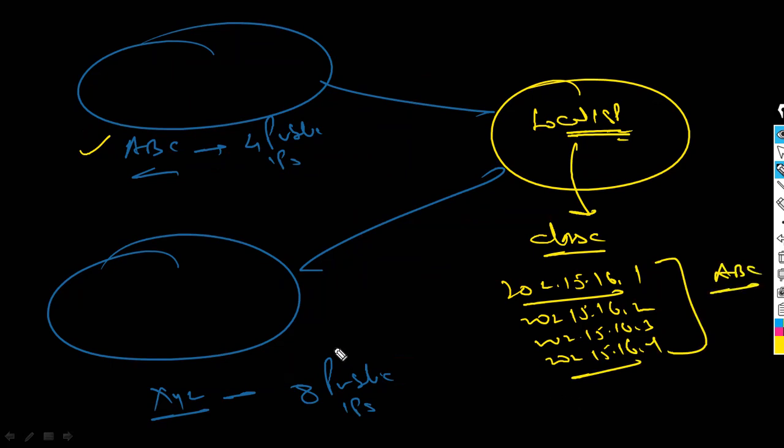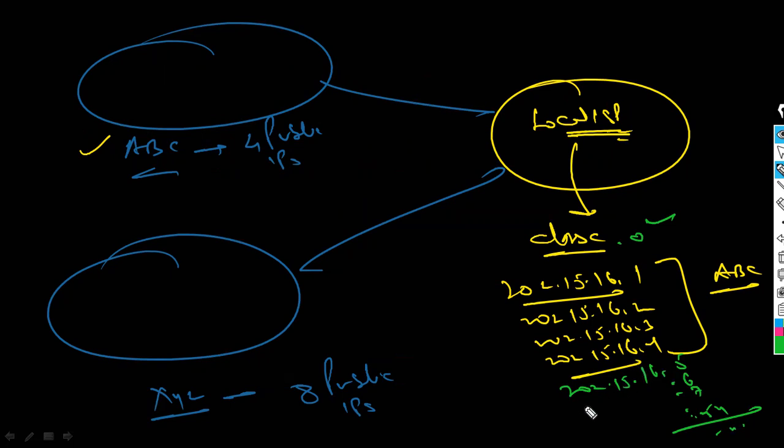Now, XYZ again approached the local service provider. The 4 IPs are assigned to ABC. In the same network class, there are still 250 more IPs, like 202.15.16.5, 6, 7, and up to 254. And you understand that the first and the last are not used, right?